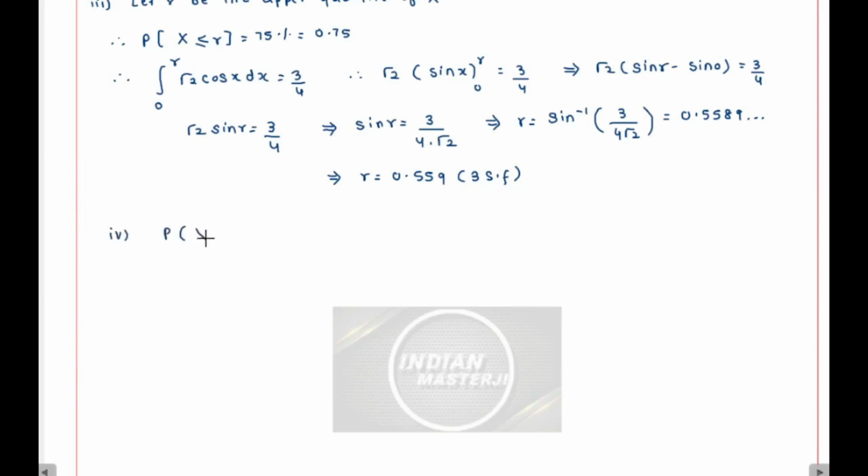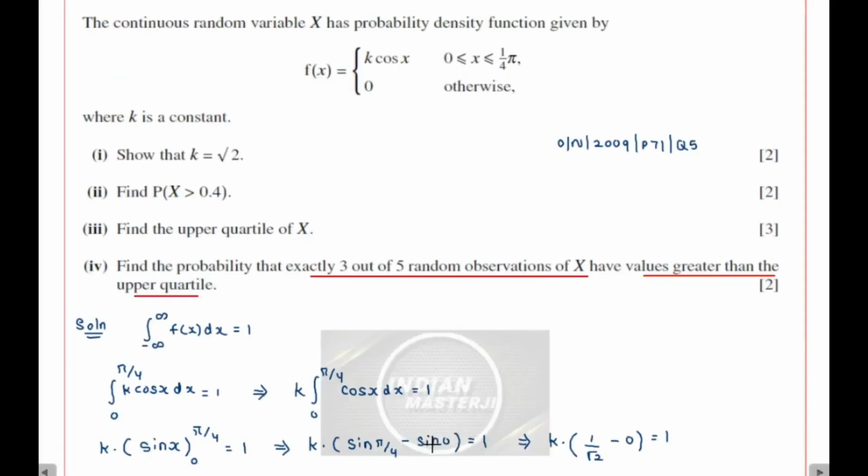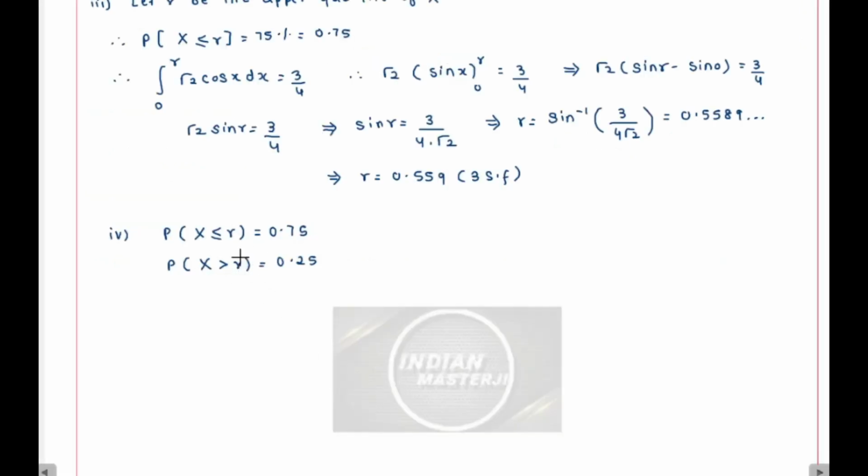I know that probability of x less than or equal to r, if suppose r was the upper quartile, was equal to 0.75, correct? That means probability of x greater than r has to be how much? It has to be 0.25, correct? That's what they have been asking here. They are saying that x has values greater than the upper quartile. So this probability is equal to 0.25.